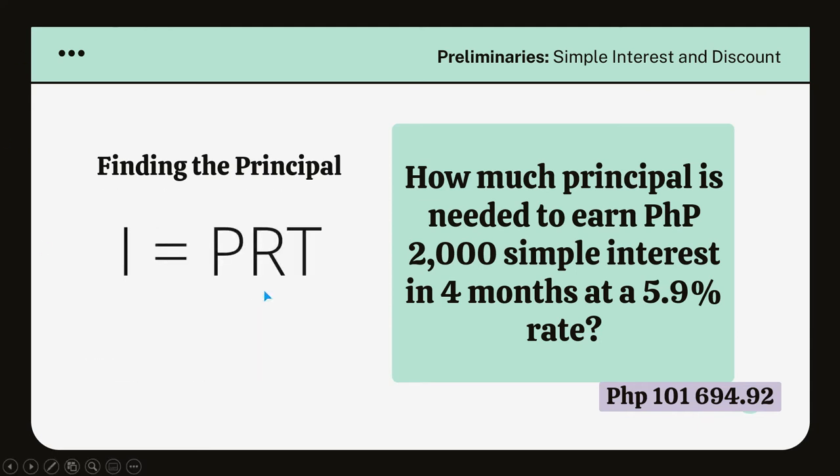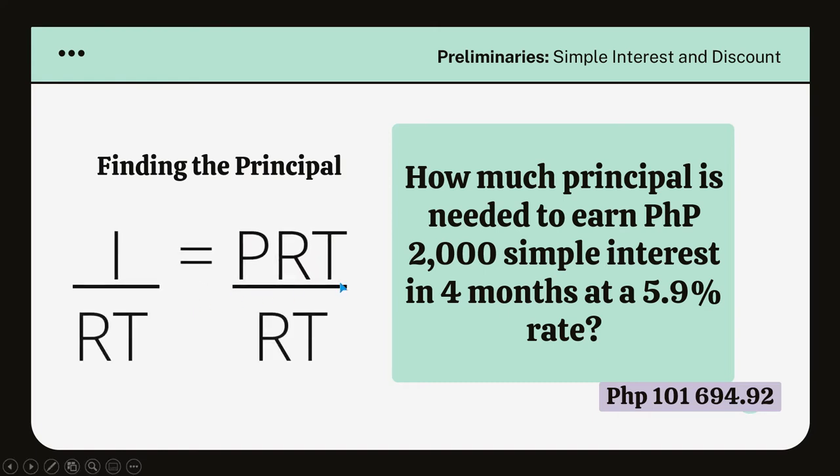So we have I is equivalent to PRT, which means that for us to balance this out, we just really need to remove RT from this side, transfer it to the other side. But what really happens here is you need to divide them both by RT, or the rate and time. This is so that we could cancel out the RT from the PRT, and so P will be isolated on one side.